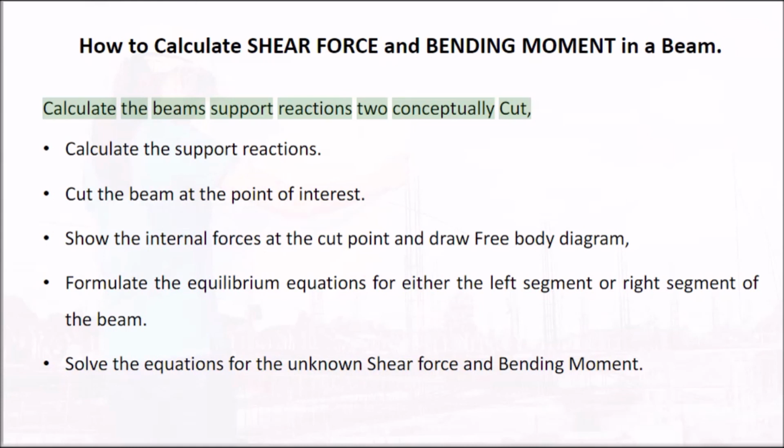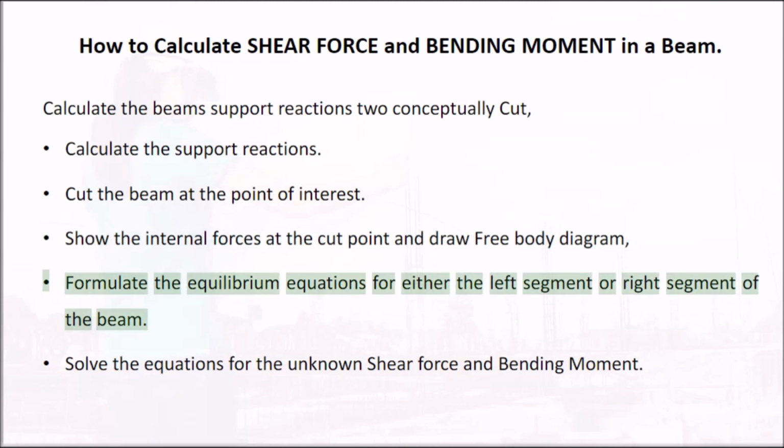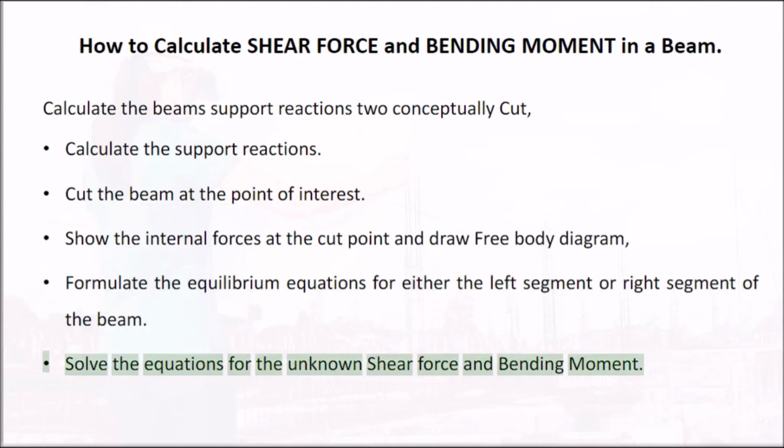Conceptually cut the beam at the point of interest. 3. Show the internal forces at the cut point and draw the free body diagram. 4. Formulate the equilibrium equations for either the left segment or right segment of the beam. 5. Solve the equations for the unknown shear force and bending moment.